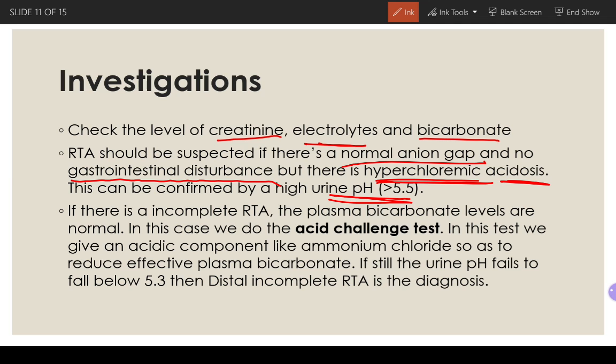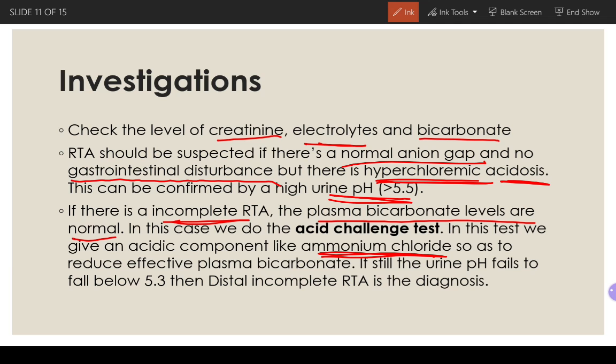Now in the case of incomplete RTA, the plasma bicarbonate levels are normal. In this case, what we do is the acid challenge test. Here we give an acidic component like ammonium chloride to the patient.